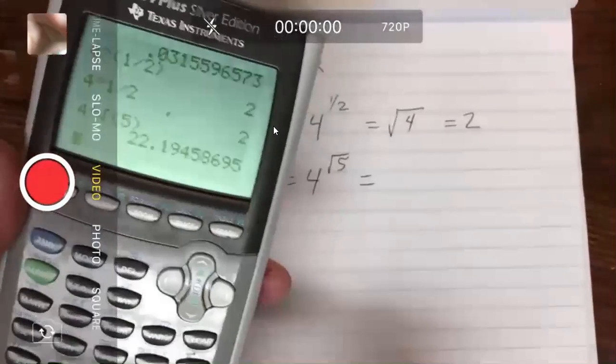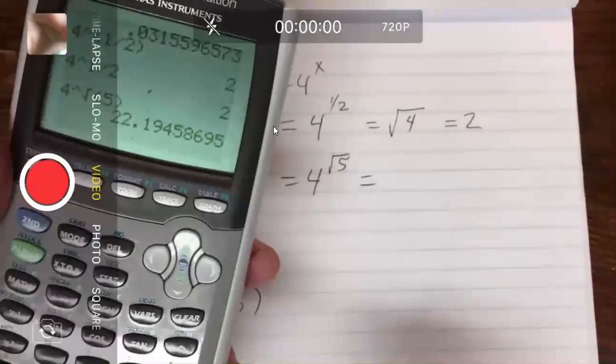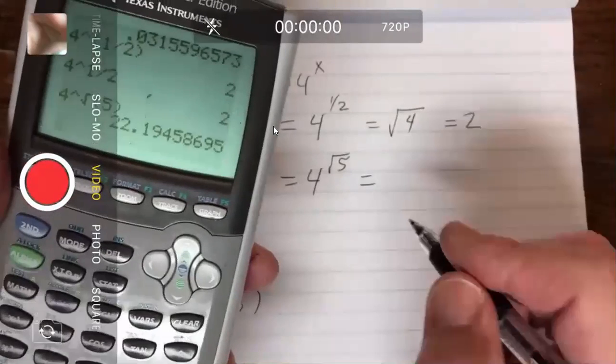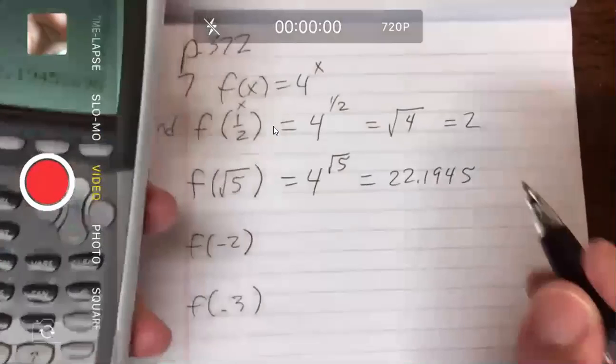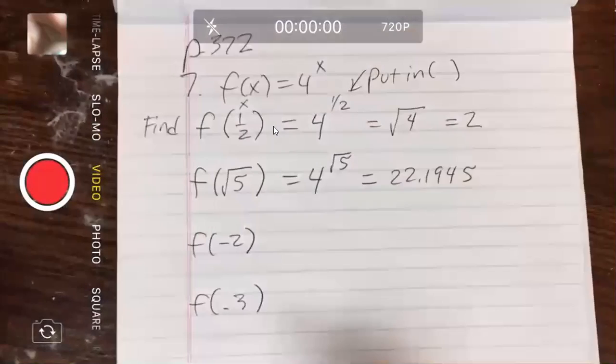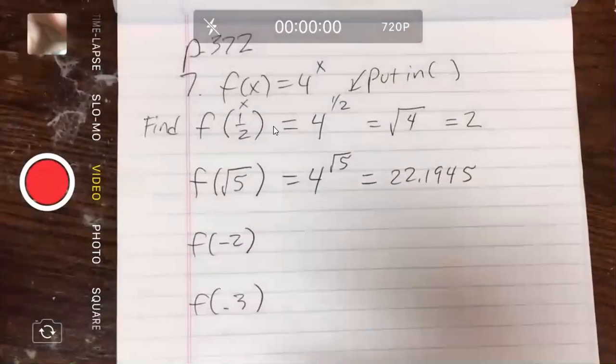Enter. 22.1945. Put in parentheses if it's a fraction, something like that. I just happened to choose one. You get the same answer either way, but that's unfortunate.